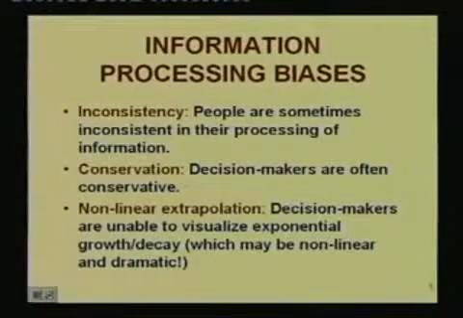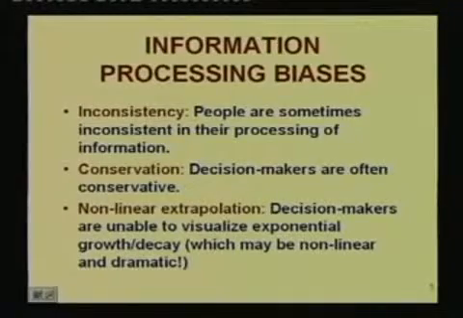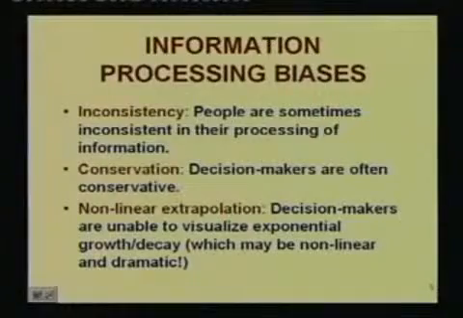If he is using a factor rating type of method, where he gives weights to different criteria, he may choose a different set of weights and therefore his decision may actually be different. Conservation: decision makers are often very conservative.